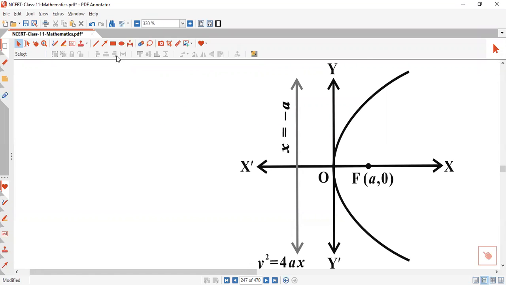Now let's say here again I am drawing a tangent. This is a tangent. Now I draw this point of contact P. P is the point of contact, and I draw the normal at this point of contact.